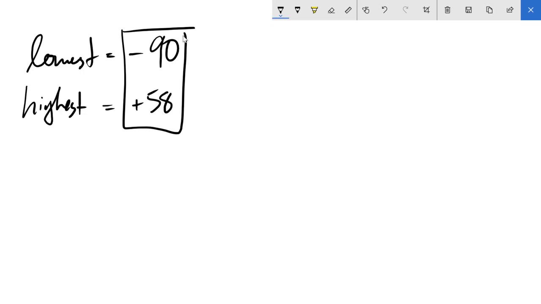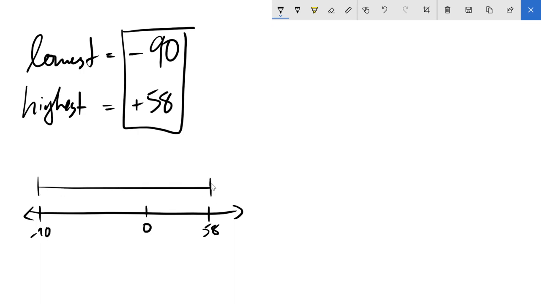The reason why is because we're dealing with a scale that goes on both sides of 0. So 58 sits here, and negative 90 sits there. And my question is, what's the difference? In other words, how far apart are the two temperatures?